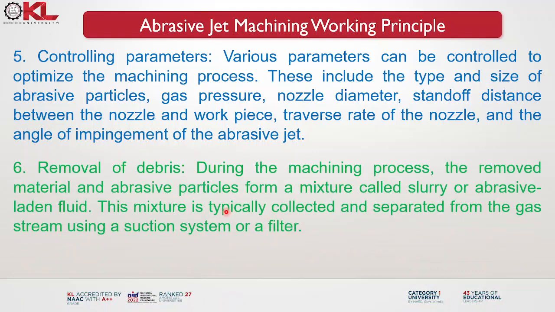Removal of debris. During the machining process, the removed material and abrasive particles form a mixture called slurry or abrasive-laden fluid. This mixture is typically collected and separated from the gas stream using a suction system or a filter.